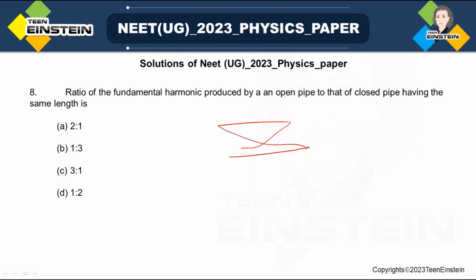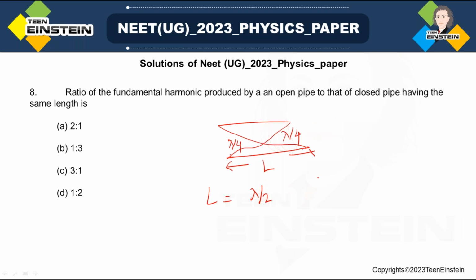So this is lambda by 4, this is lambda by 4. So total length of the organ pipe must be lambda by 4 plus lambda by 4, so lambda by 2, right?